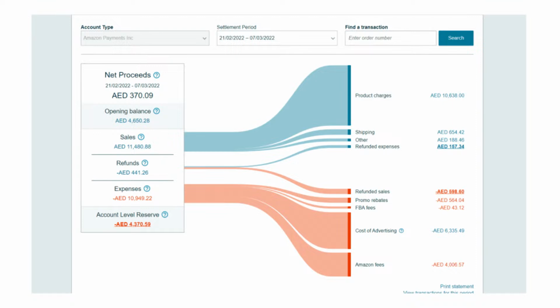However, the expenses were 10,949 dirhams, which means the net proceeds, basically the amount of money that was sent to the bank account, was just 370 dirhams. Can you imagine if this account was yours, and you made sales of 11,000 dirhams, and then you discovered that Amazon only sent you 370 dirhams, just 370 dirhams.